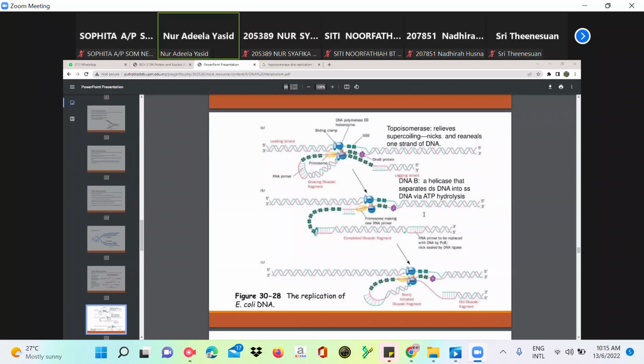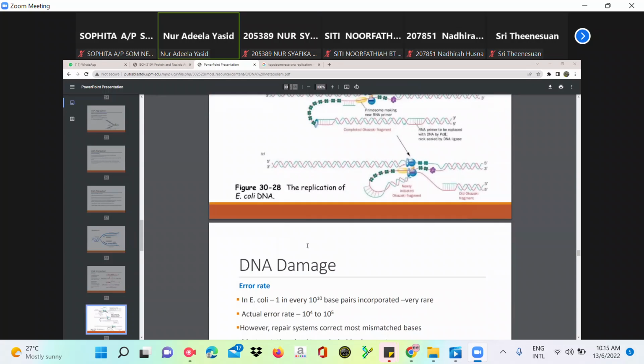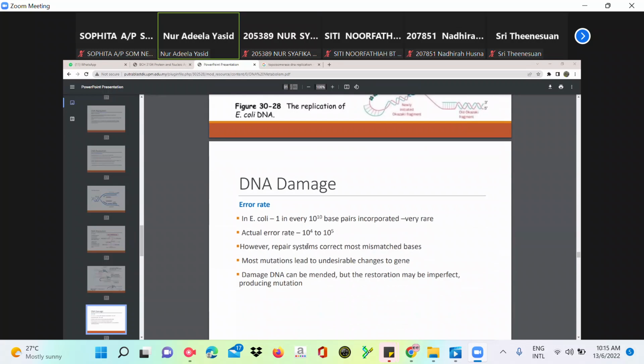If you say DnaB, you know this is helicase. You can have a look at this figure on the role of each enzyme.